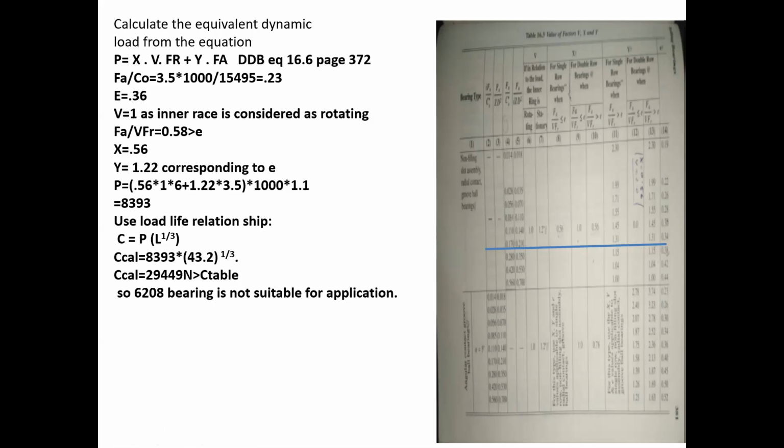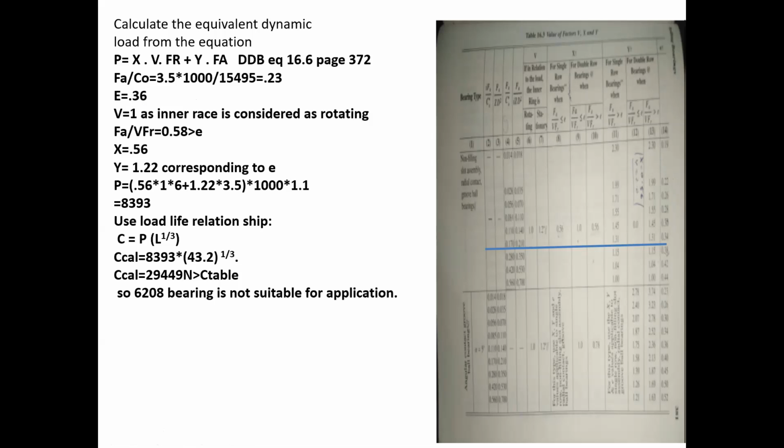It is nothing but a unitary method. So we have calculated the in-between value of 0.23 between 0.17 and 0.28. The value of e corresponding to Fa upon C0 of 0.23 comes out to be 0.36. I have written this as capital E, but please consider this as small e, corresponding to column number 4.